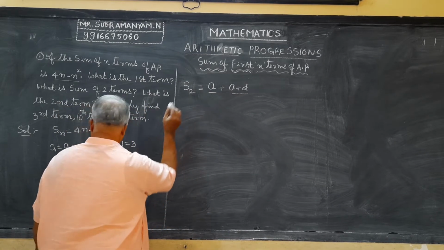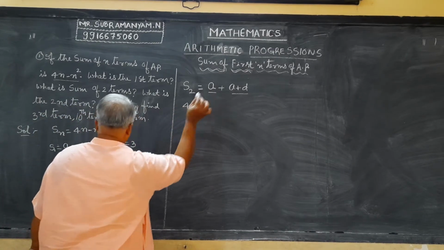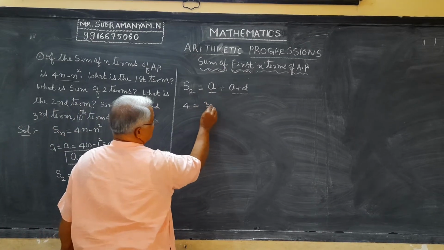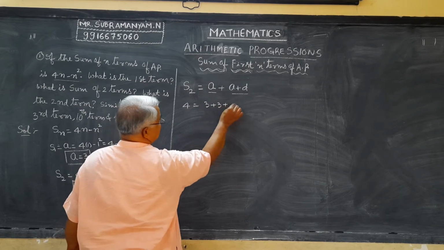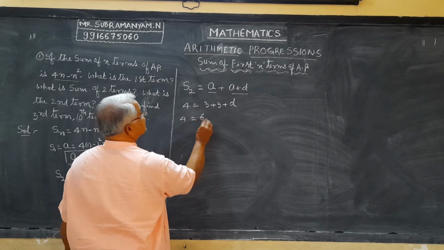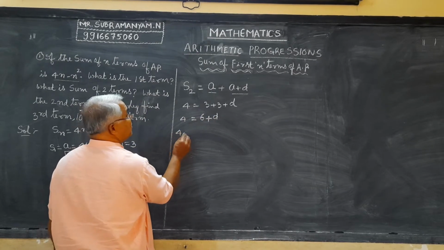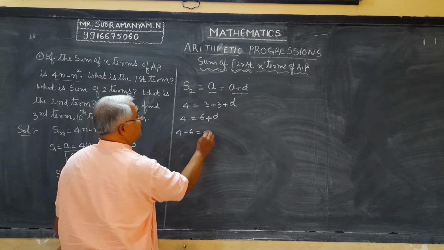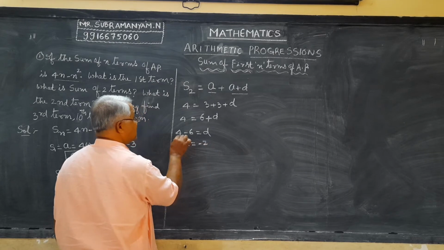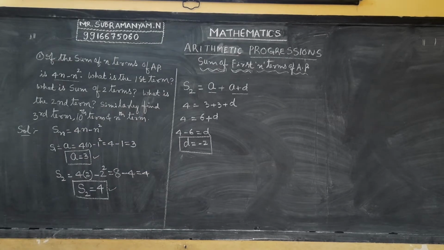Now, the sum of two terms value we have got is 4, equal to, what is the value of A? 3. 3 plus 3 plus D value. 4 equal to 6 plus D. 4 minus 6 equal to D. So, therefore, D value is minus 2. Please check how we have got the d value.